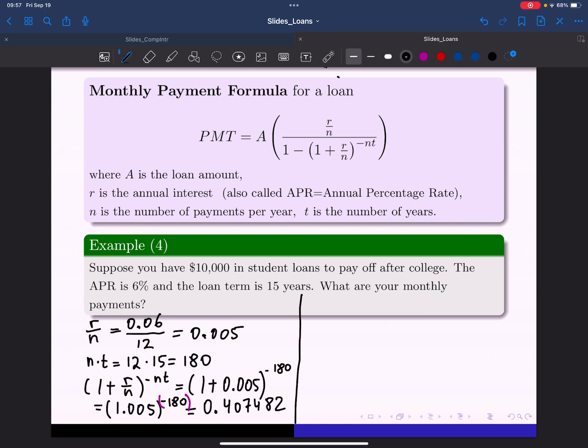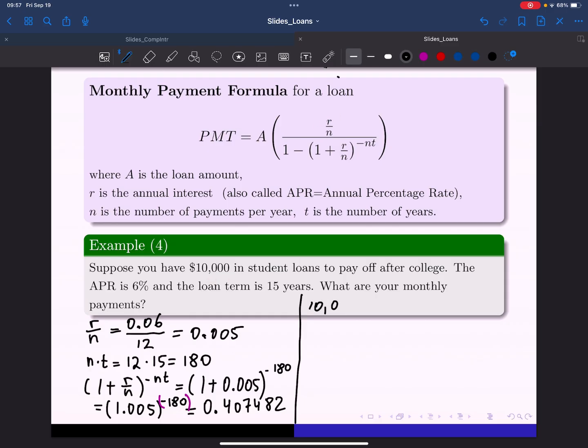So now we can use the whole formula, where A is my 10,000, and then we keep substituting what we have.